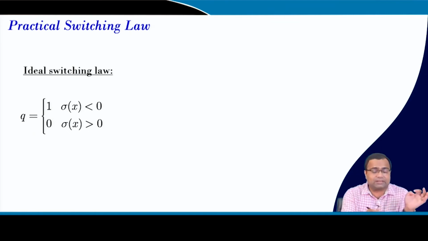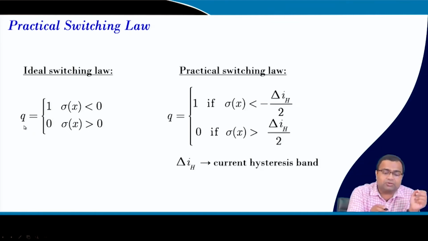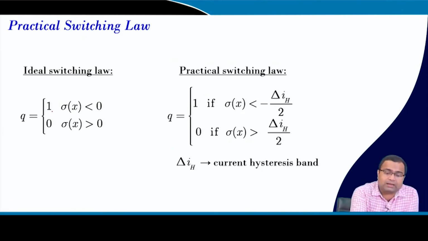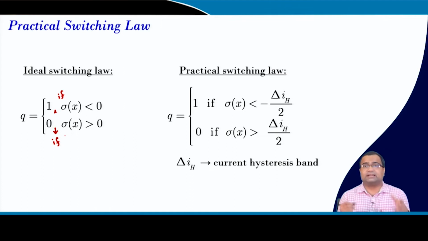We saw the ideal switching law: q equal to 1 if our sigma x is less than 0, and it is 0 if our sigma x is greater than 0.